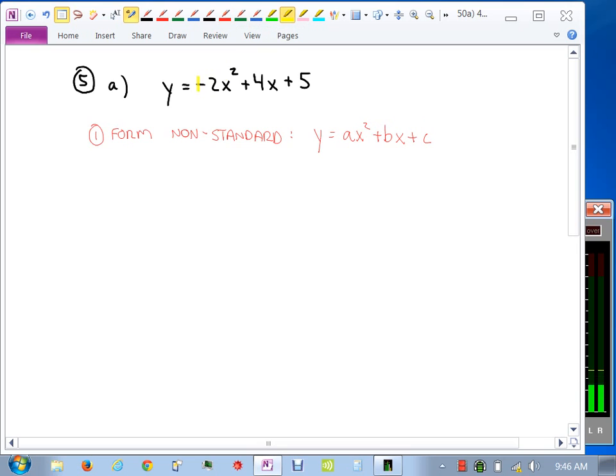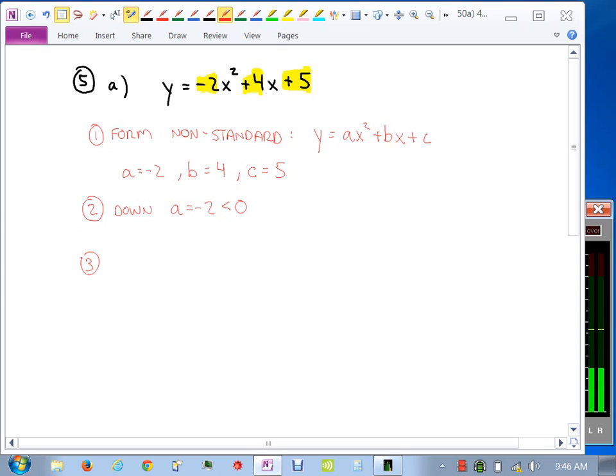So we have our a, our b, and our c right there. So let's write those down. A is negative 2, b is 4, c is 5. All right, step 2. This thing opens down. Since a is negative 2, it's less than 0. When it's a negative number, it opens down.